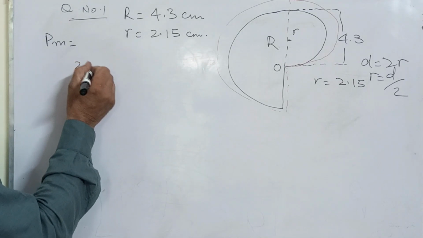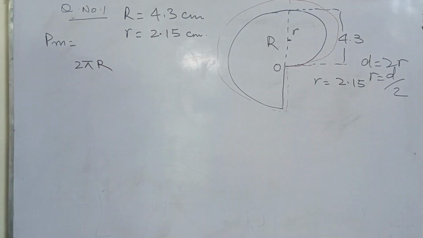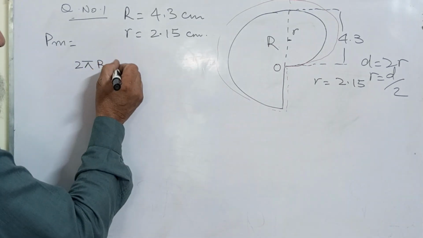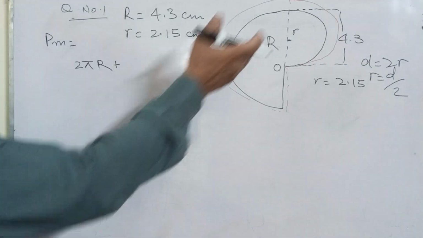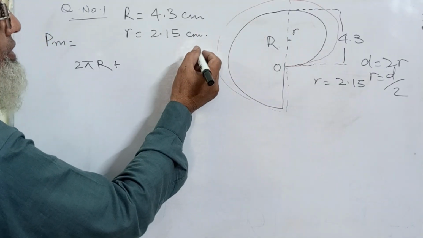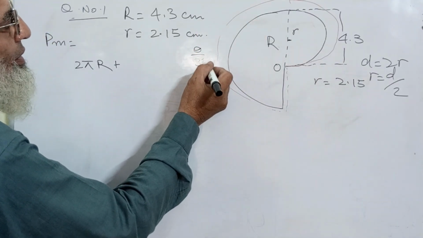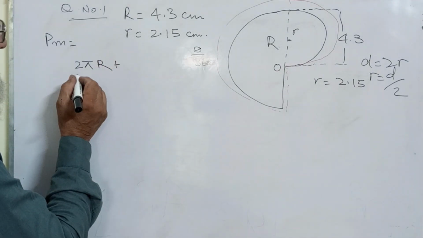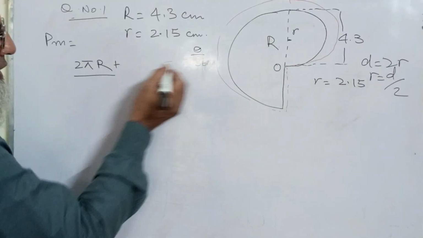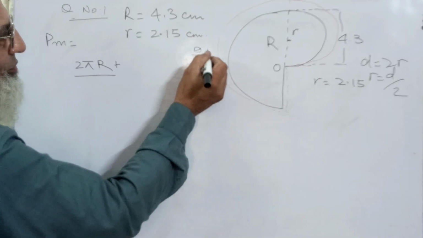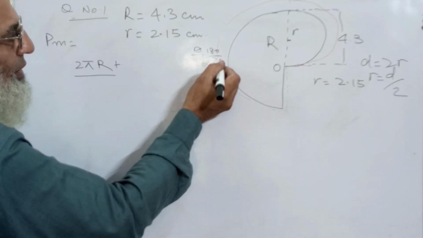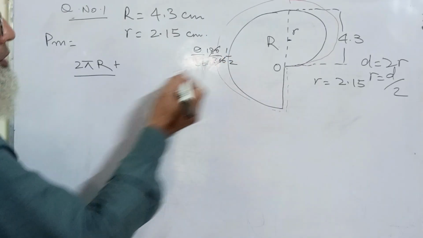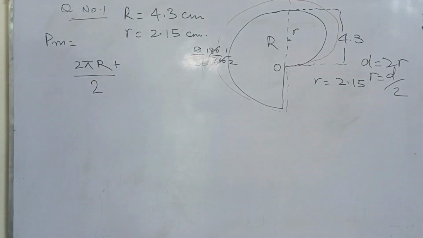Perimeter of larger circle is 2 pi r plus, since it is half circle, theta upon 360 will be simply divided by 2. Since it is half circle, 180 divided by 360, so it is 1 by 2. So take 1 by 2.